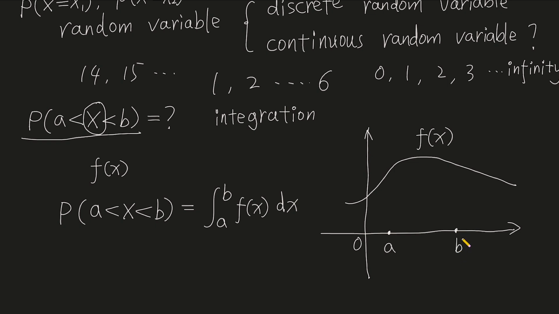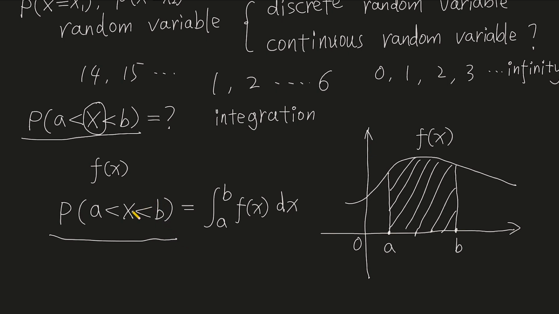This is point B. Then we draw a vertical line at A, and we draw a vertical line at B. Then the area between the two vertical lines, the x-axis and the graph of the probability density function fx is just the probability that the random variable is more than a and less than b.